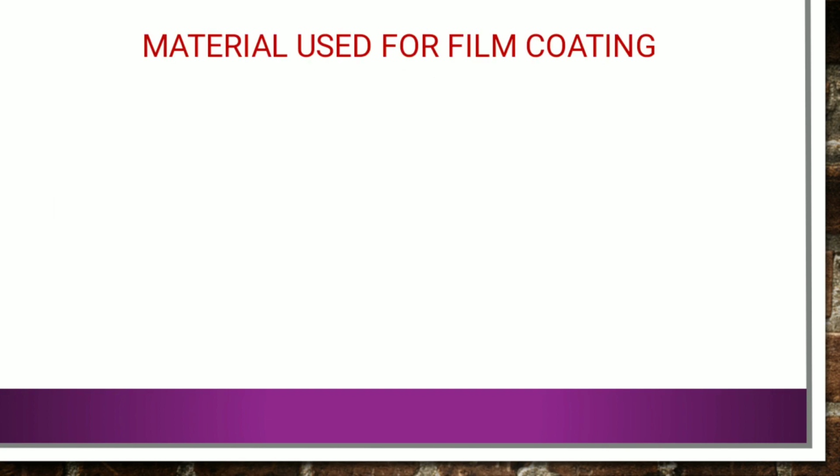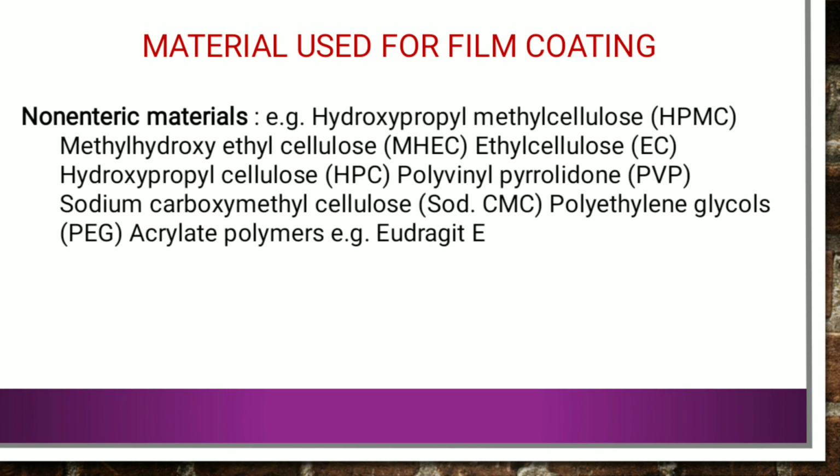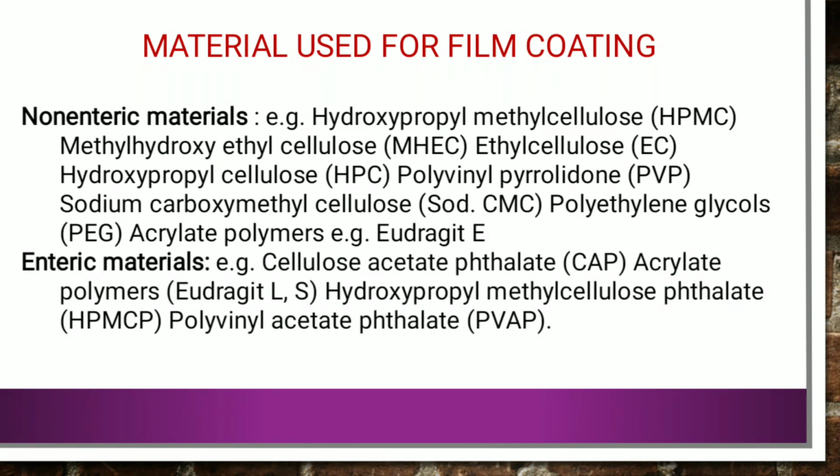Then materials used in film coating: various types of non-enteric materials can be used like HPMC, MHEC, EC, HPC, PVC, etc. As well as some enteric materials can also be used like CAP, then Eudragit L or S, HPMCP, PVAP, etc. So these are the various materials that are used for the purpose of film coating.